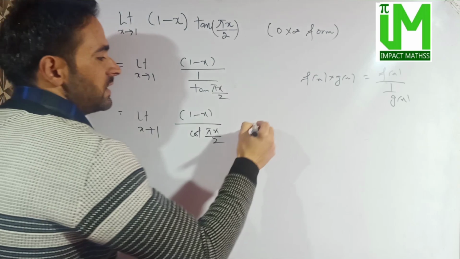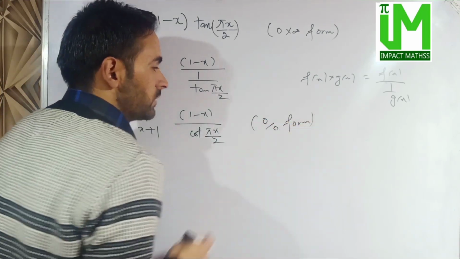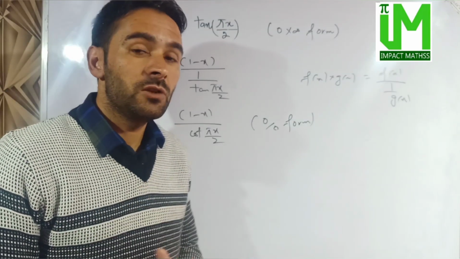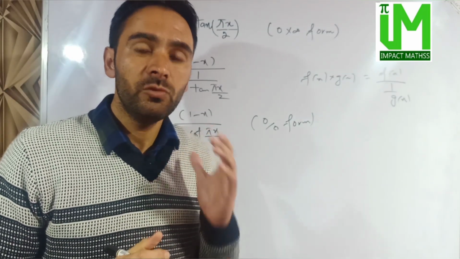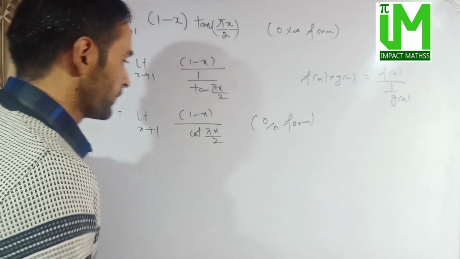So now this is a 0 by 0 form, so that means we can solve this 0 by 0 form by L'Hopital's rule. We already know that in L'Hopital's rule we differentiate the numerator and denominator separately.